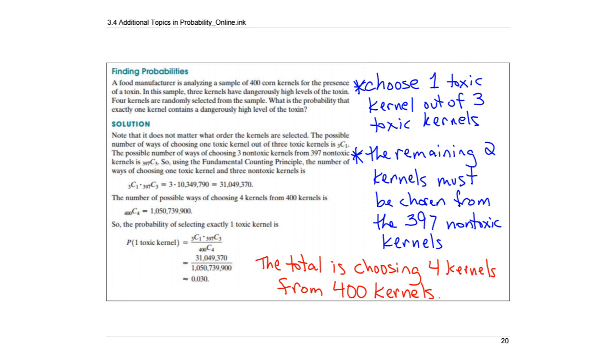Okay, so here's what happens. We have in this sample 400 corn kernels. They somehow know that 3 have the toxin, so that means 397 don't have the toxin. Does that make sense? Hopefully. So 3 have the toxin, and the rest don't.